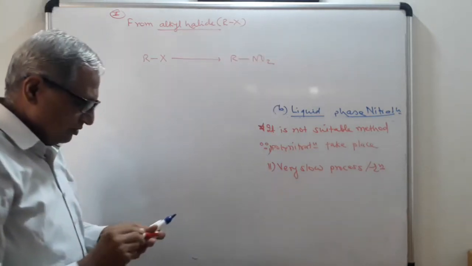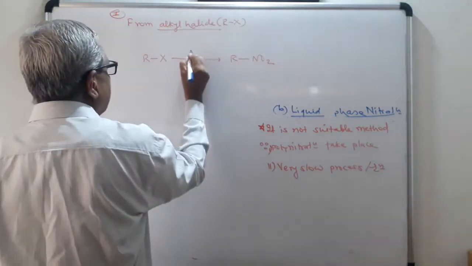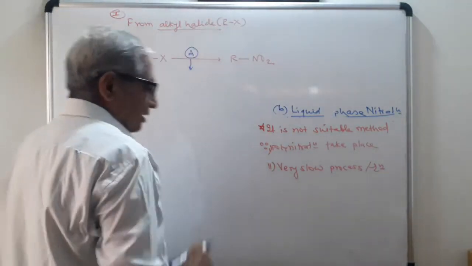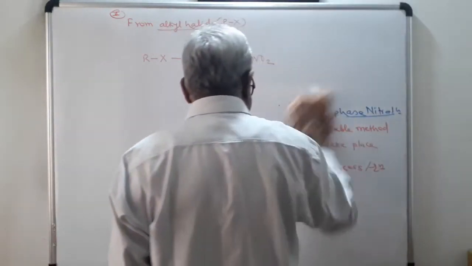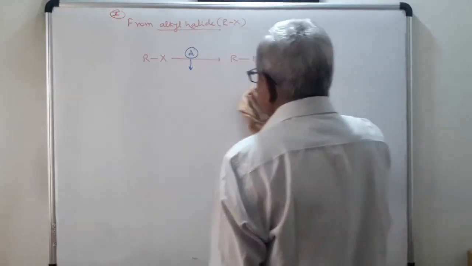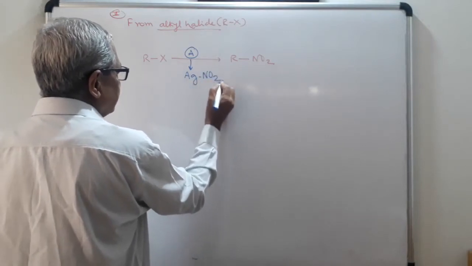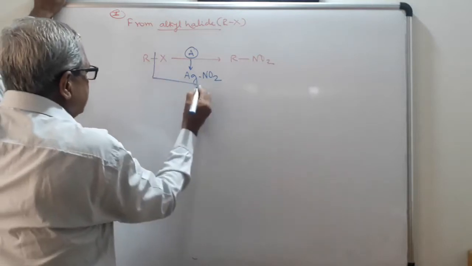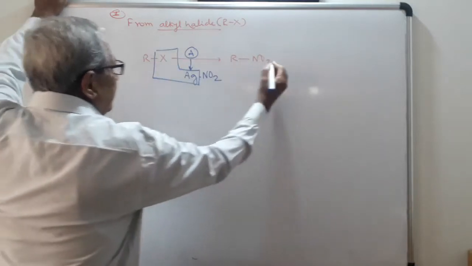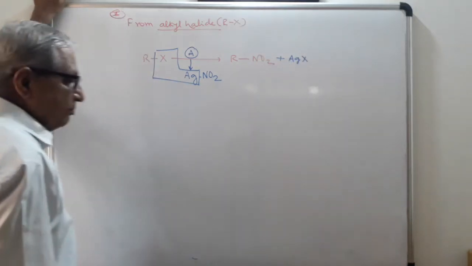Alkyl halides are converted to the nitro compounds, and the question will be set, identify E. The reagent is nothing but AgNO2, silver nitrite. Now when you will remove this AgX, you will get here nitroalkane, AgX. So this is the method here.